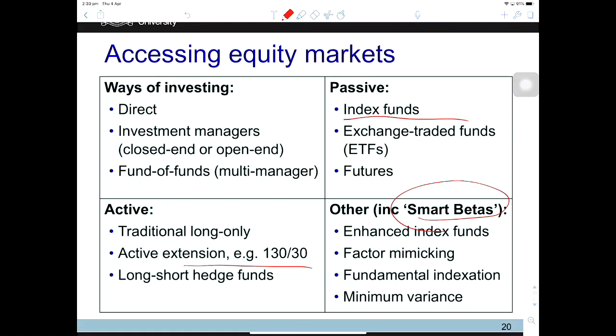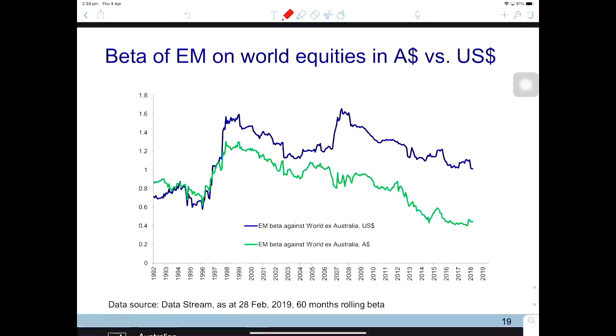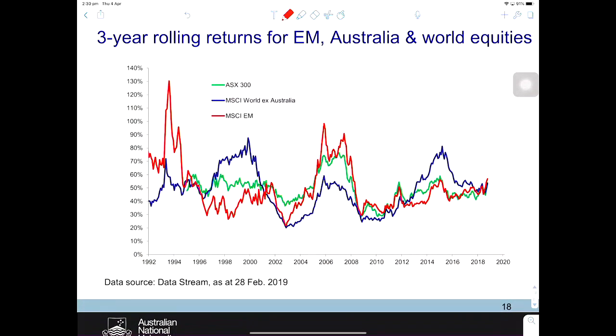So that's how investors look at three-year rolling returns. For emerging markets, that's the red line here.